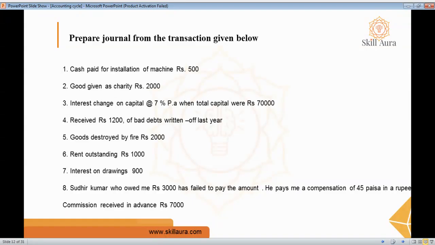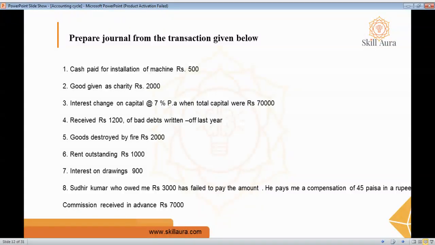In 3000, 90% of the amount will be 255 paisa. Finally, we credit the amount receivable account to reflect the decrease in the amount owed by Sudhir Kumar.